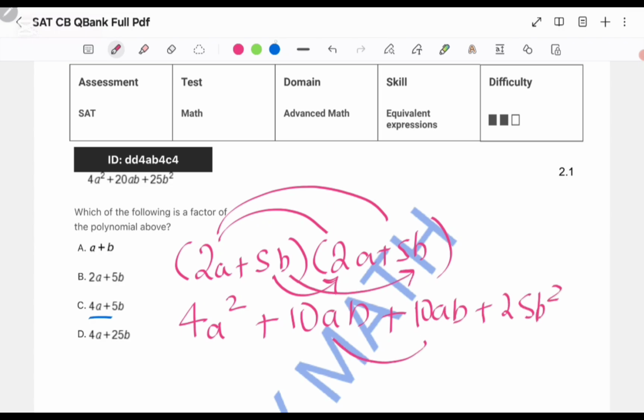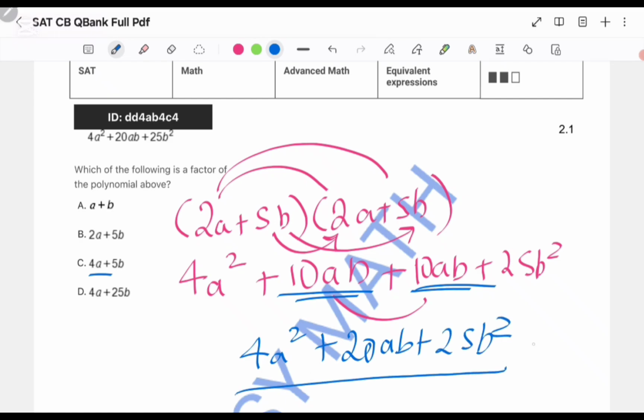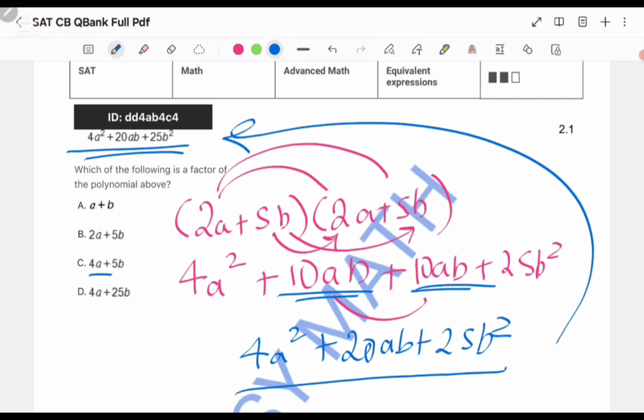If I join the like terms, which are the 10ab terms, I'm going to end up with 4a squared plus 20ab plus 25b squared, and this does match the given expression. Now, if you try this out with C and D, it's not going to work out because they are not the correct answers. However, B is going to be the right answer for this question.